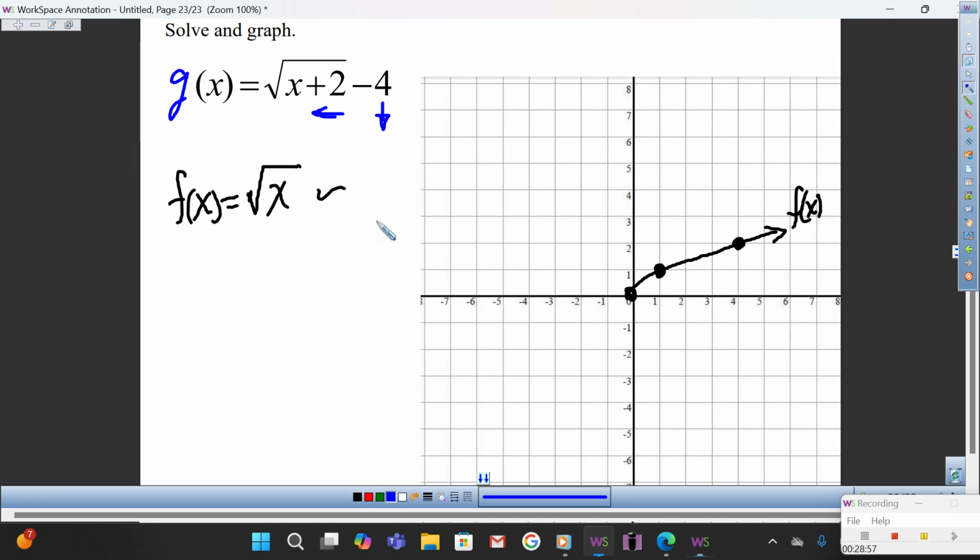All right, so then we go 2 to the left, 4 down, 2 to the left, 4 down, 2 to the left, 1, 2, 3, 4, 2 to the left, 1, 2, 3, 4. And this is our g of x. Hans, have you got something like that? Yeah, we got it, yeah? All right.